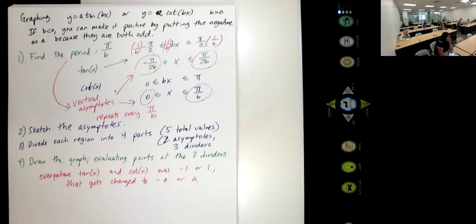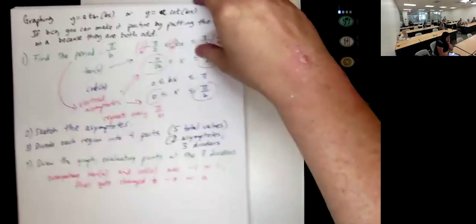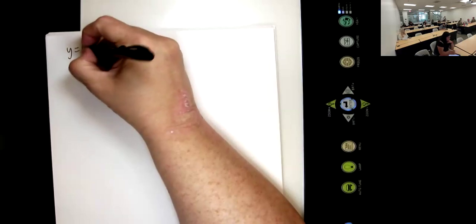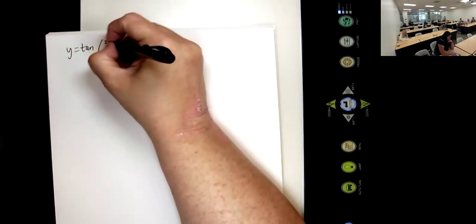All right, you guys ready for some examples, now that we went through all the boring rules? Y equals tangent of 2/3 x.